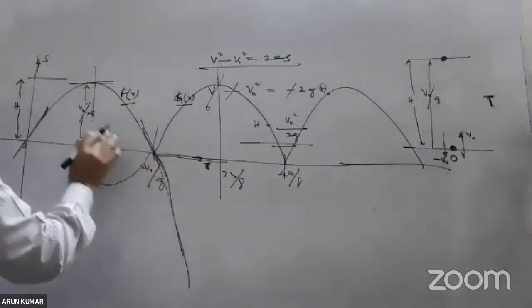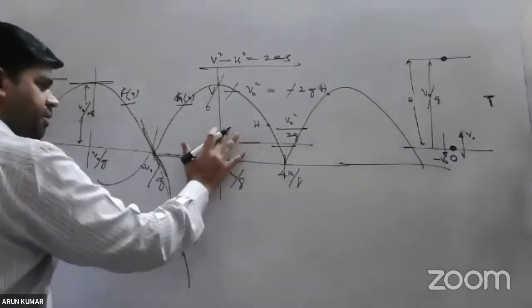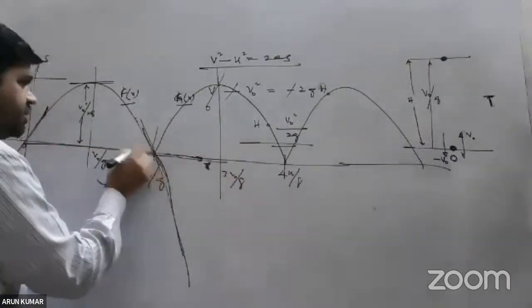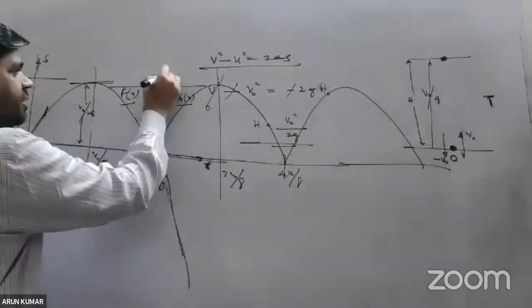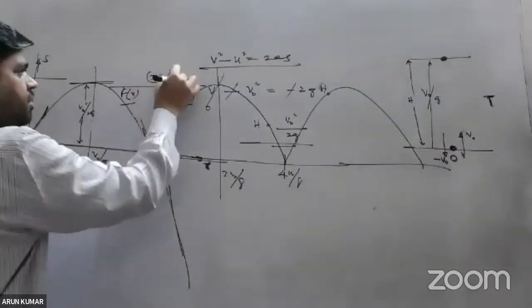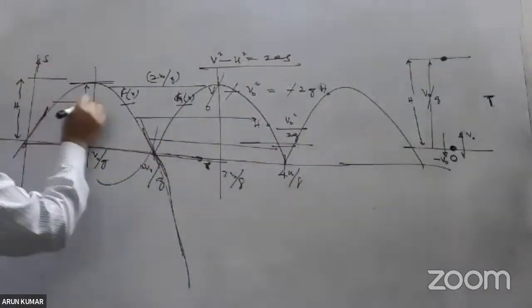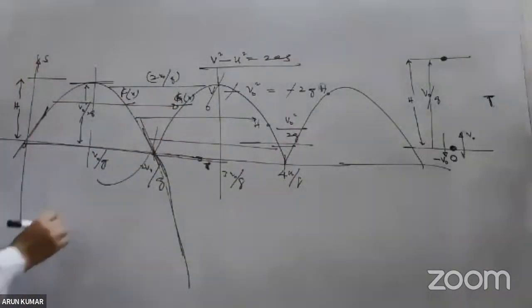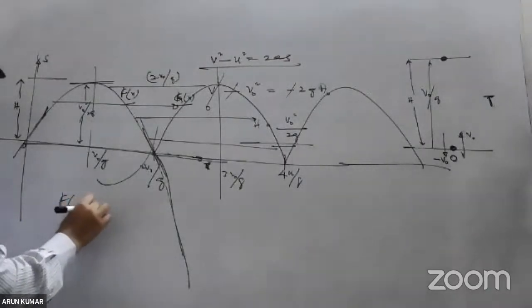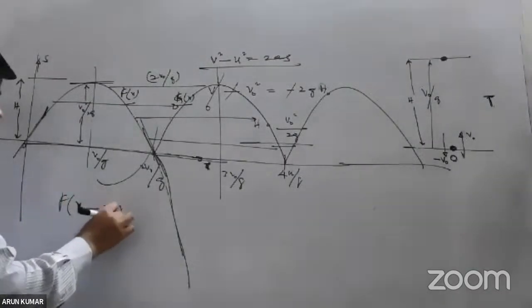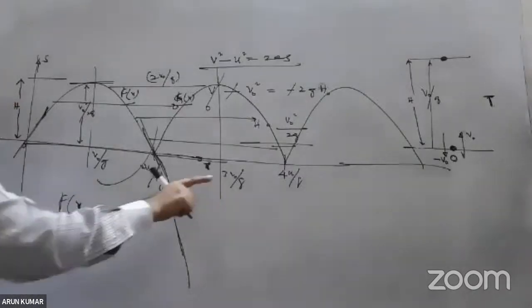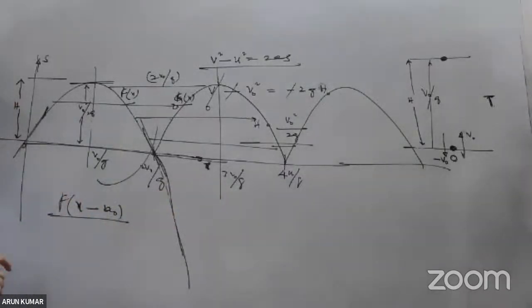This curve is f of x. I'm displacing this curve towards right by so many units. How much? This distance is 2v naught by g. So this curve is displaced towards right by 2v naught by g. So f of x minus a is my graph shifted towards right by a units. All right, this I've told you in basic math.